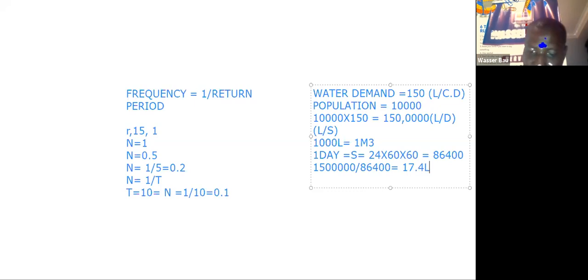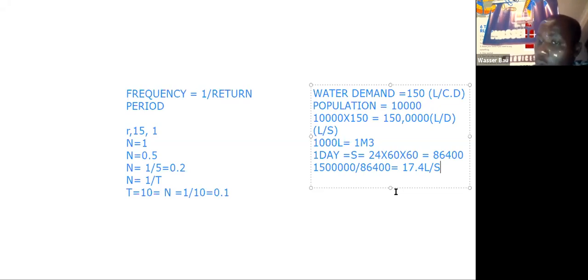liters per second. It means in a catchment of 10,000 persons, in every second, the amount of sanitary wastewater flowing in the foul sewer network, or the discharge, or the flow, all these three words mean the same thing. The discharge is 17.4.